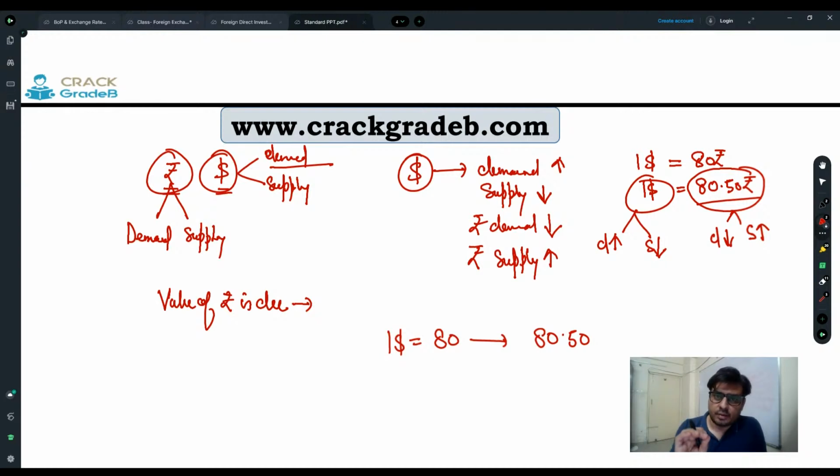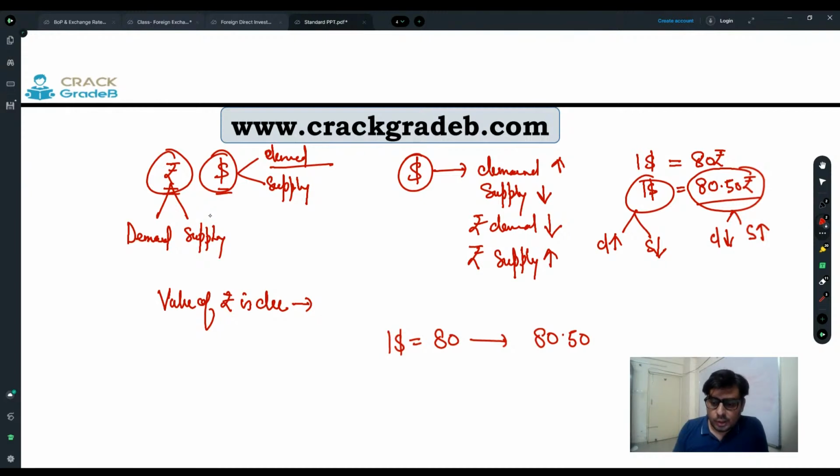Listen to this statement very carefully. In the first statement, they are saying that because of excessive demand of US dollar, the rupee became weaker. So the reason for the weakness of the rupee is excessive demand of the dollar. Or the other statement: the rupee fell 0.50 paise because of decreased supply of the dollar in the international currency market.